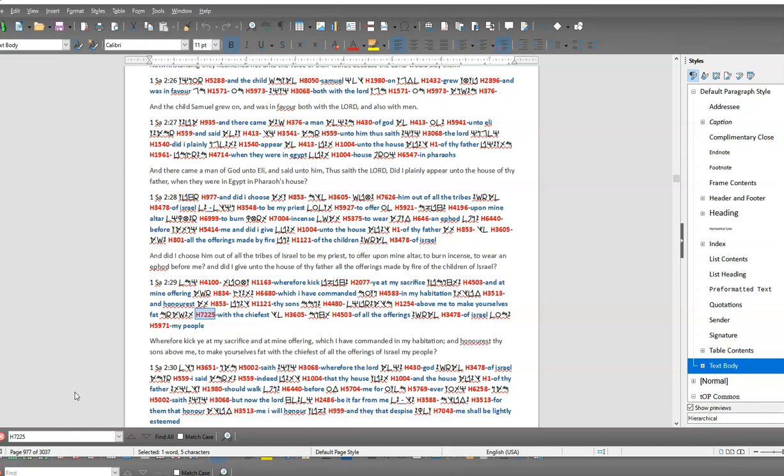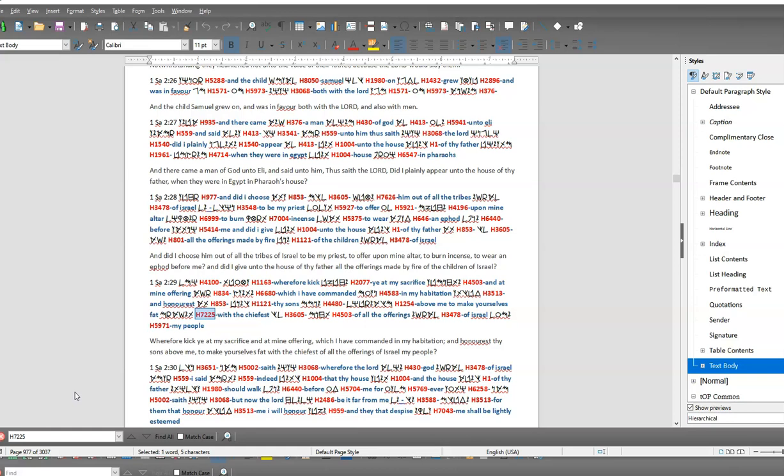To hone this down a little better, he's saying lehabriakhem, to make yourselves fat, if we're going with bari'a as fatten, like they normally translate it, and then mereshit kol minchat Yisrael ami, the offerings of Israel, my people.